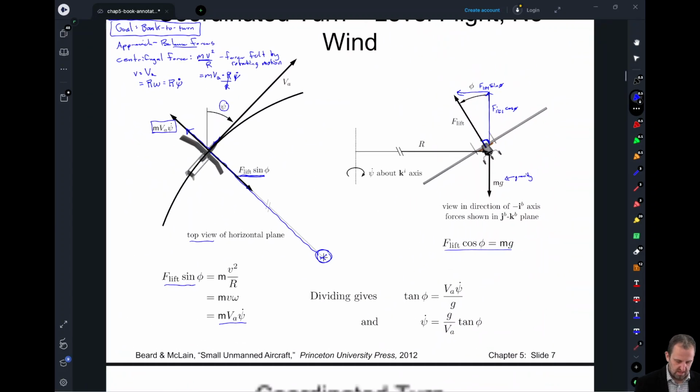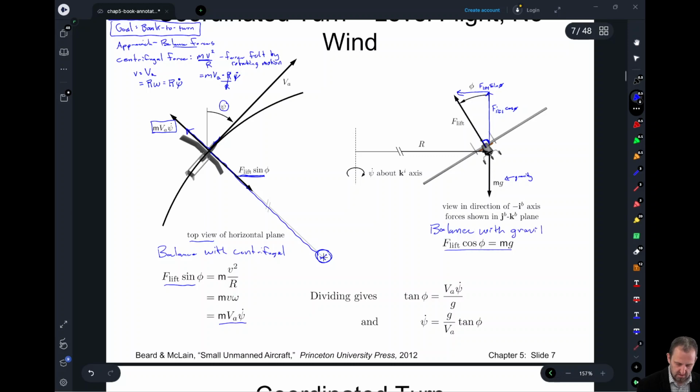So on this side, we're balancing this with the centrifugal force, and on this side, we're balancing with gravity.